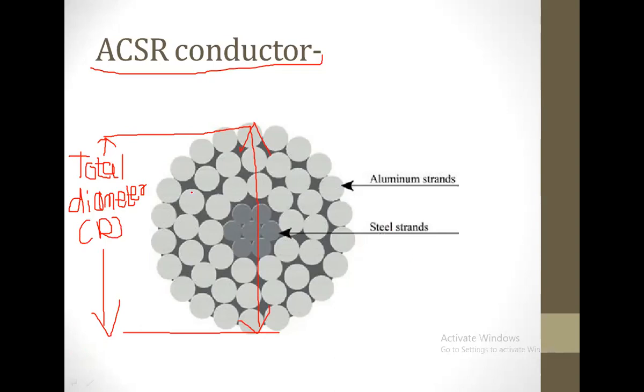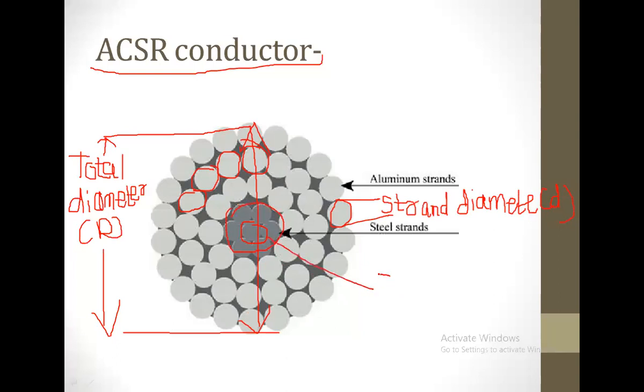Now, these little circles are the strands of the conductor. These are called the strands, and this much distance is called the strand diameter. That is denoted by the small d. And this circular part is called the layers of the conductor.